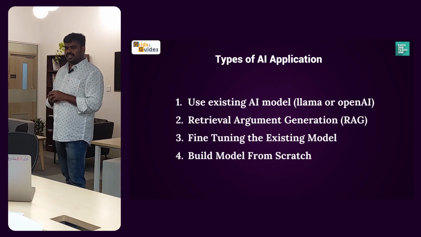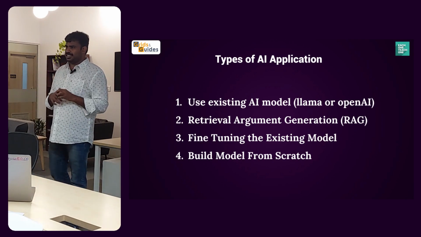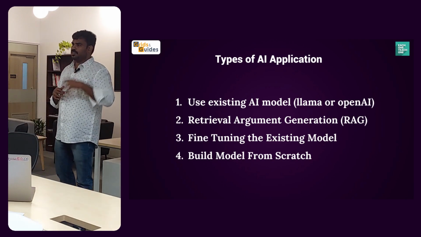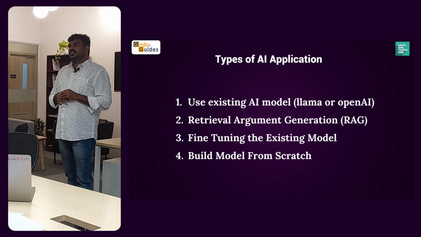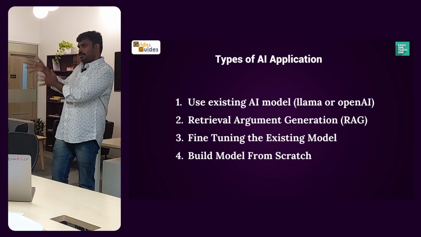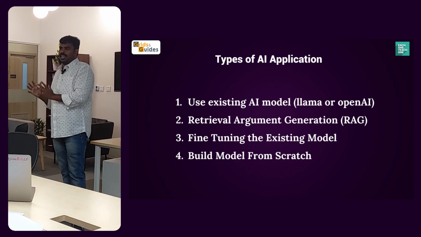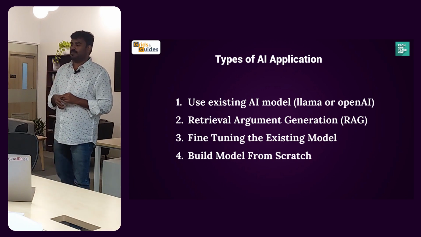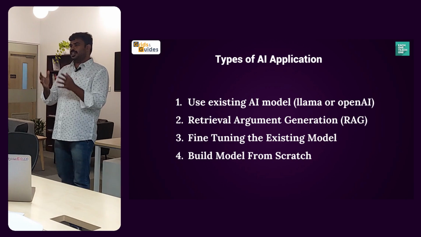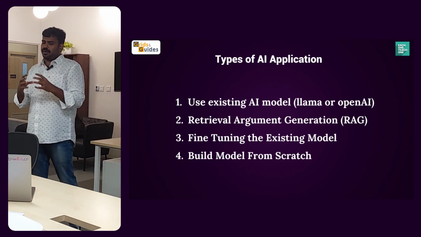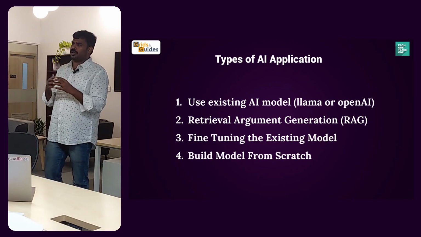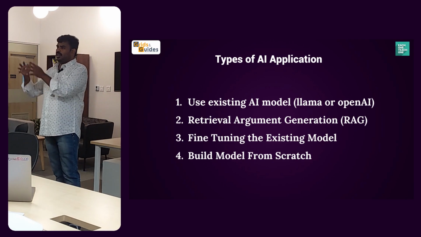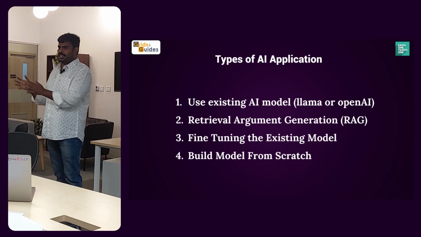The third thing is fine-tuning an existing model. For example, Llama is an open source model released by Meta. If you have a proprietary data set in your organization, you can fine-tune it. Recently a company released a model called BioLlama. They fine-tuned the Llama model to perform for a particular industry, the medical industry.